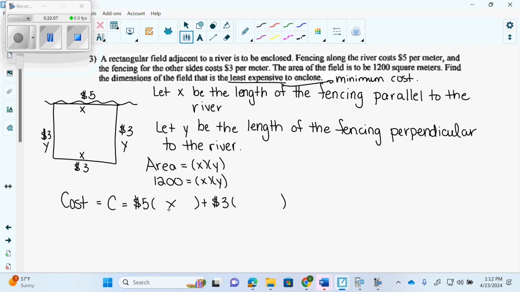A y, an x, and a y. So technically 2y plus x. Two y's and an x. We agree? Now let's distribute it through because it's not as nice. I'm going to drop the dollar signs. So I'm going to get 5x plus 6y plus 3x. And now I have 8x plus 6y.